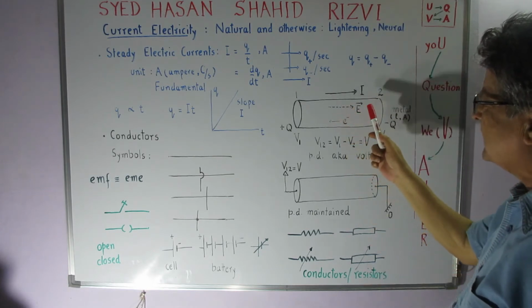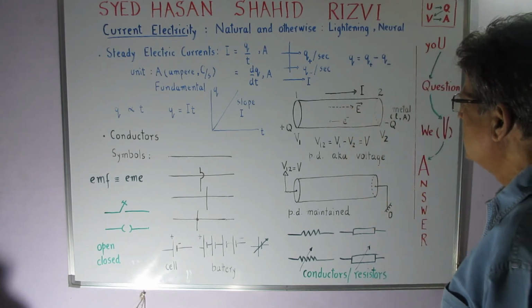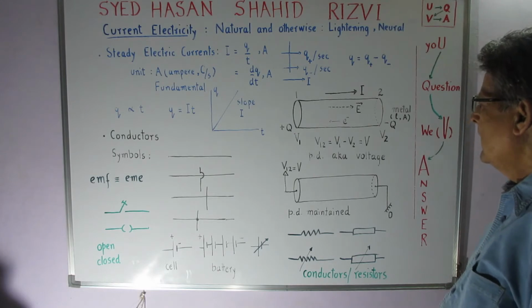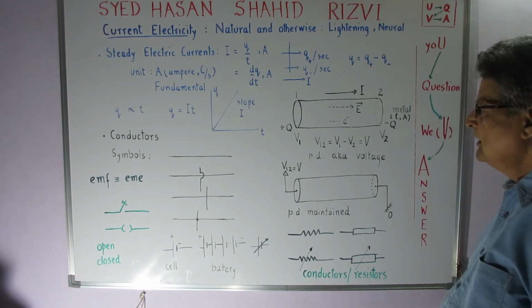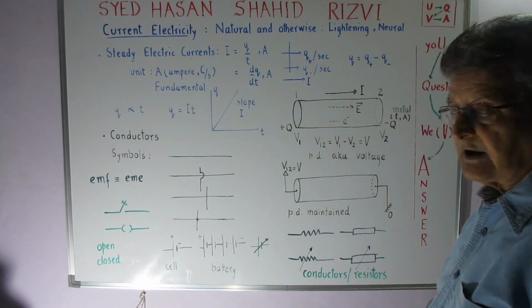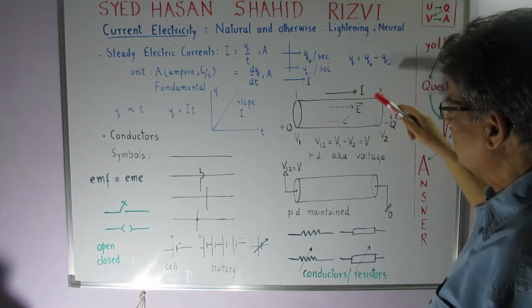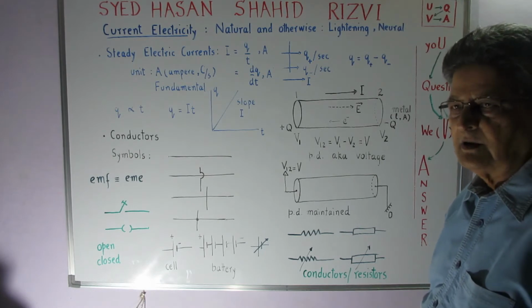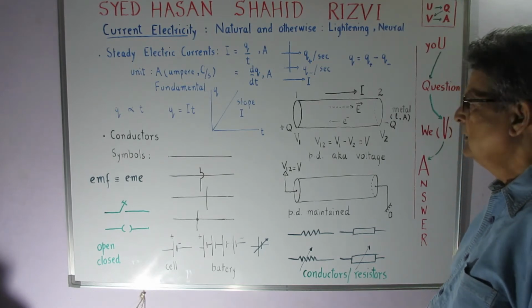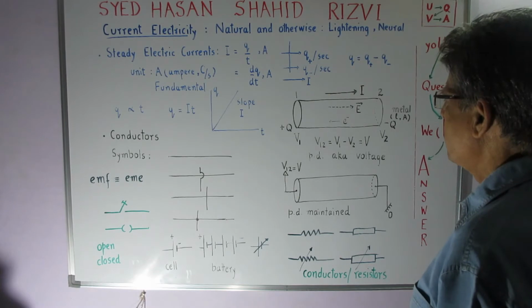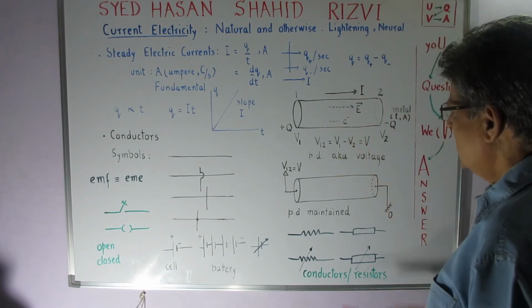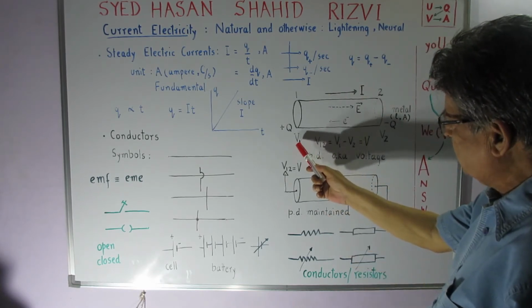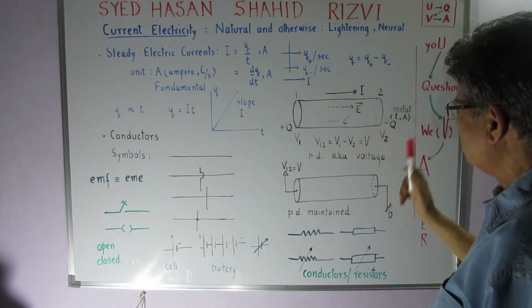Then there will be an electric field, but inside the conductor the electric field cannot exist, and therefore we say that there will be a potential gradient dV/dr. No problem. So here I have a potential V1 and here I have a potential V2.